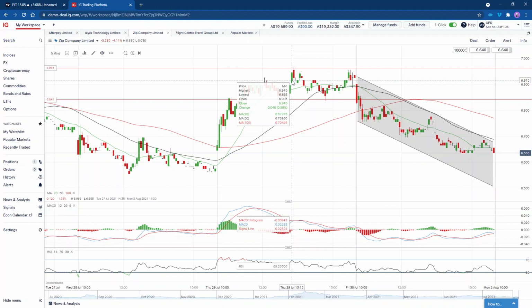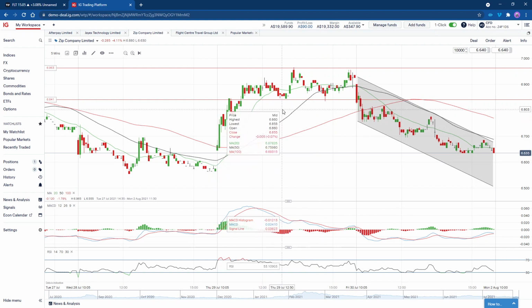Now, all seasoned day traders will have a set price for their entry, exit and profit taking. So when I put an order through, I don't just go buy at 6.88.